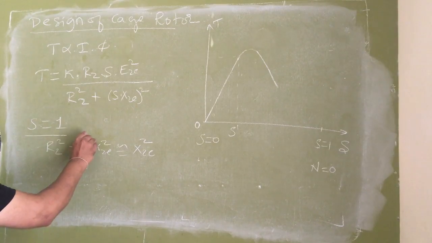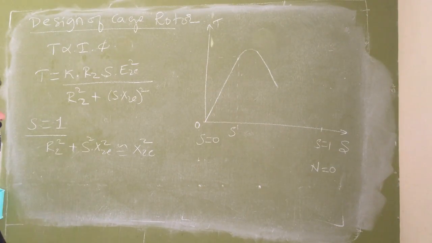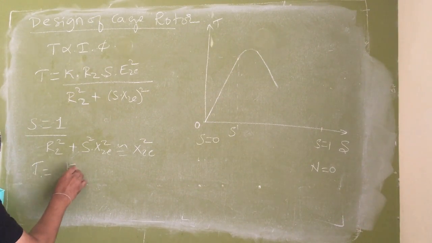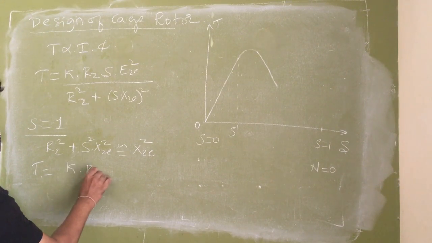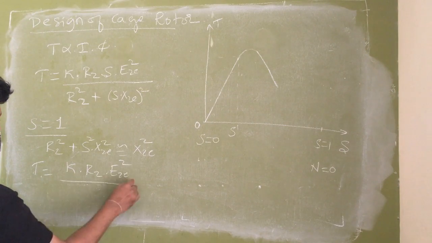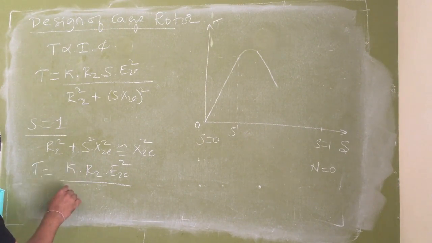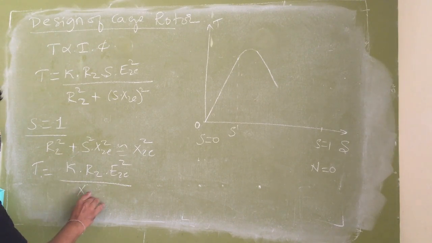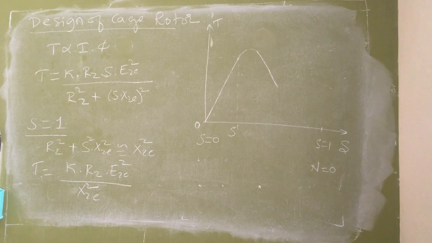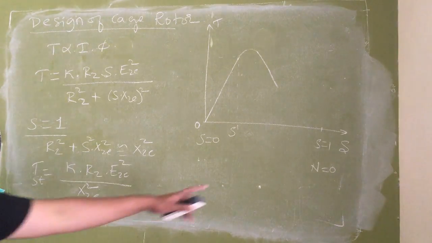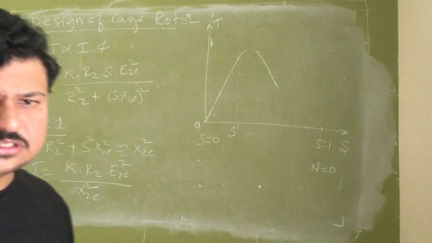So my T will be equal to K into R2 into E2E square upon X2E square. This is nothing but my starting torque, TST, because at N equal to 0, whatever torque is produced is the starting torque.